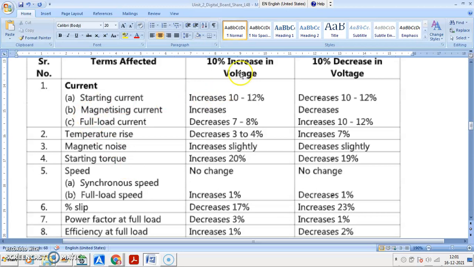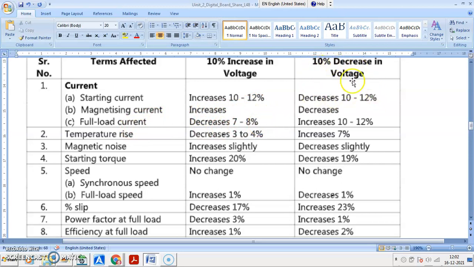Percentage change in voltage: 10% increase, 10% decrease. Normally it has been observed: current, starting current, magnetizing current and full load current. So when there is 10% increase in voltage, 10 to 12% starting current increases, magnetizing current increases and full load current decreases by 7 to 8%.